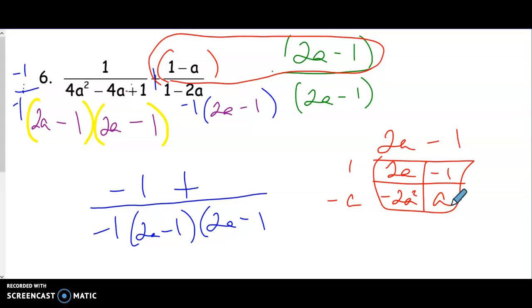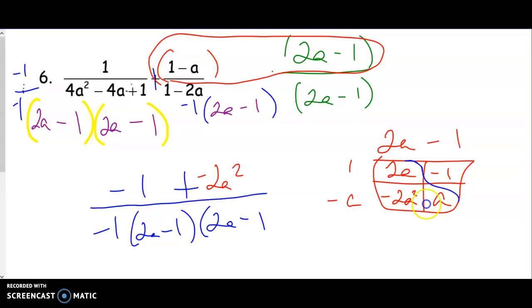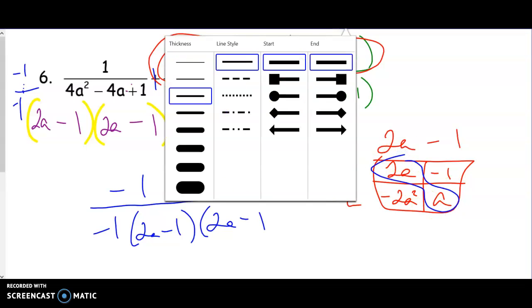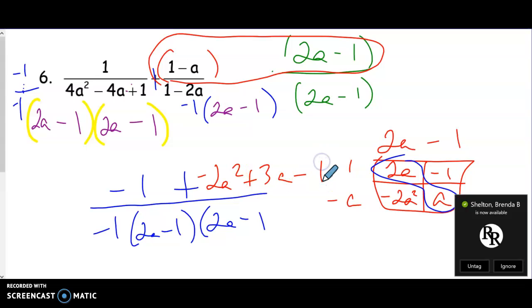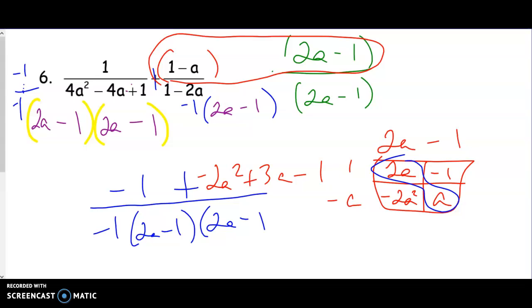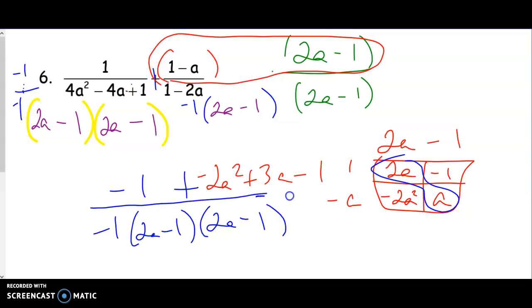So it results in negative 2a squared. 2a plus a will result in 3a's there. So plus 3a minus 1. All right, let's combine like terms in our numerator.